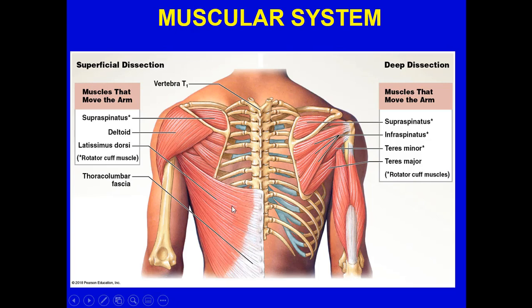But when you do a deep dissection, you pull away all these huge sheets of muscle. Then you see the supraspinatus right here over to the humerus. The infraspinatus, which includes 1, 2, 3, all attached here. The teres minor here, attached. The teres major here, but it's attached back over in here. All of these contribute to what are called the rotator cuff muscles.